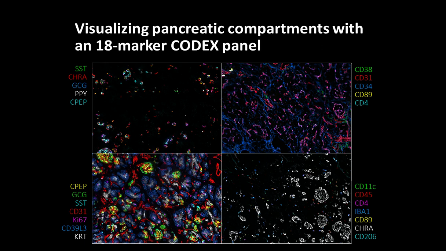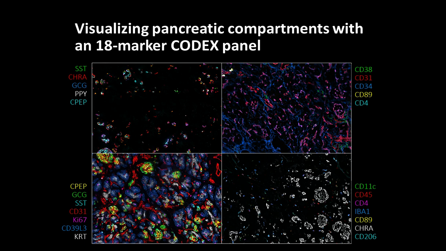The top right shows some of the vascular structure as well as some of the immune cells that are highlighted by CD4 and CD89. The bottom left-hand is the image, similar to the image I showed in the previous slide, particularly highlighting the epithelium shown with the cytokeratin. And you can see some little magenta dots indicating proliferating cells through Ki67.